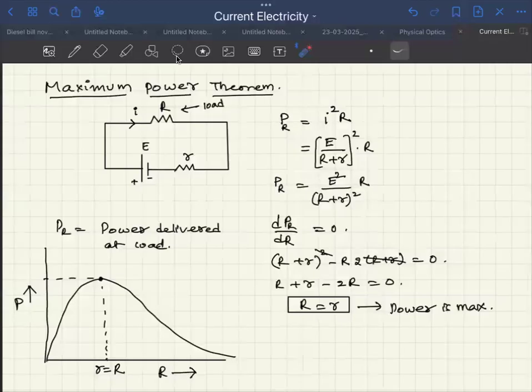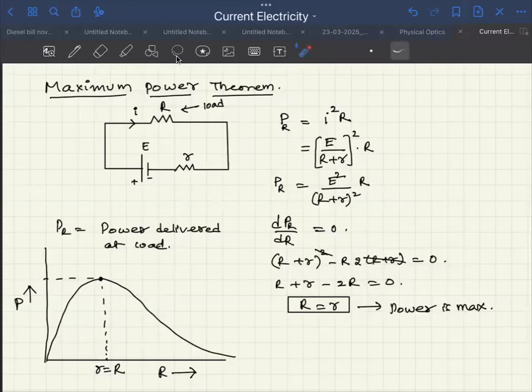Maximum power theorem. What is our doubt? Sir, you have chosen some cell. Don't see this as a different thing and this as a different thing. I told you the entire thing is in one case, and that is called the cell EMF source of this circuit. Now, this EMF source is delivering current I, and this current passes through the load.